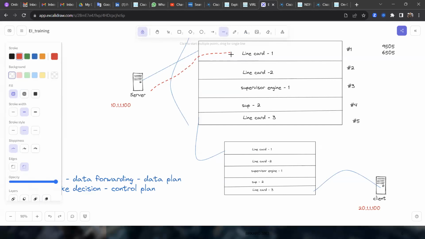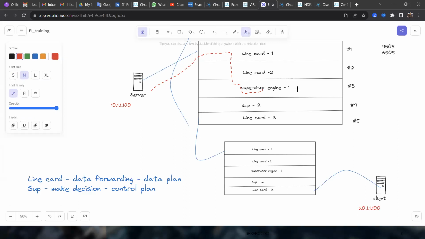Once the line card learns the MAC address, since the line card is the data plane device, it should inform that MAC address to the supervisor engine, whoever is the active one. Suppose this is the active supervisor engine. The supervisor engine will learn that MAC address. But in this case, we are building the routing table, so the supervisor engine will learn the MAC address, and then build the routing table for how 10.1.1.0 will reach 20.1.1.0.